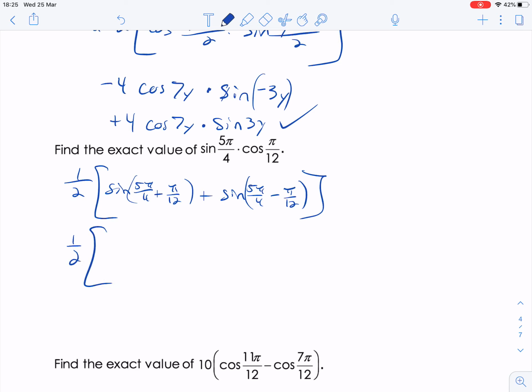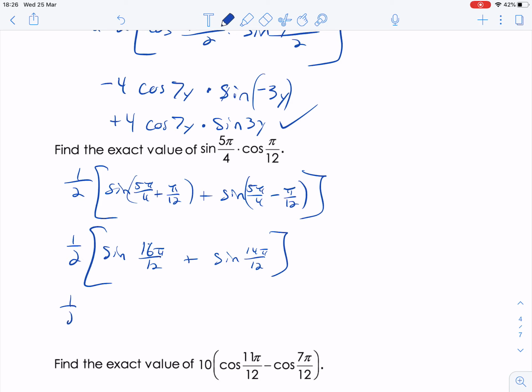So we get 1/2 sine of 15 pi over 12 plus pi over 12, so that's going to just be 16 pi over 12. We can simplify that a bit. And this is going to be 15 pi over 12 minus 1 pi over 12, so it's going to be 14 pi over 12.